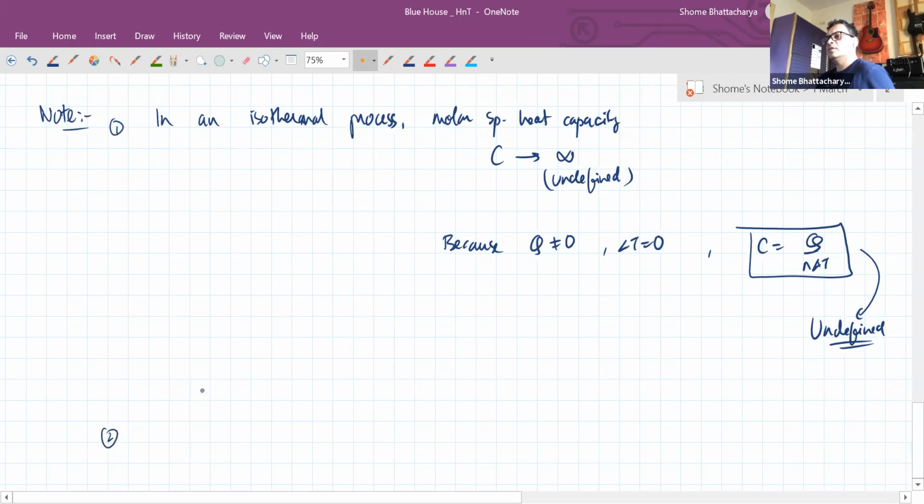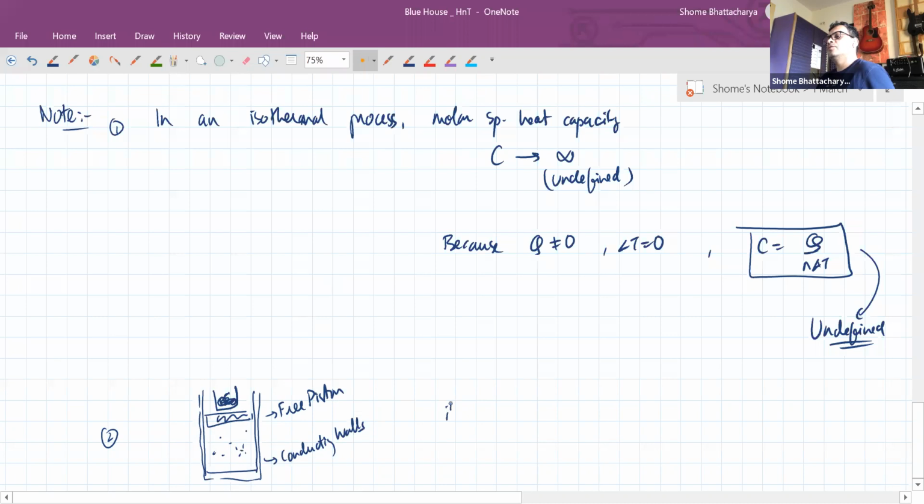Secondly, as we saw, the way to perform an isothermal process would be if the gas is kept in a container with a free piston, the piston can move freely, and with conducting walls.